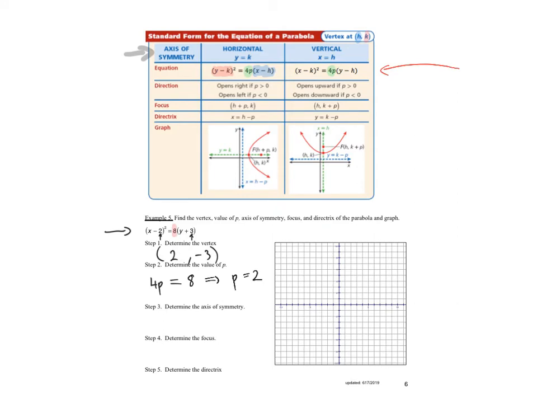Now, since p is positive, we already know what direction the parabola will open in. Because we have the equation of a vertical parabola and p is positive, our parabola will open upwards.